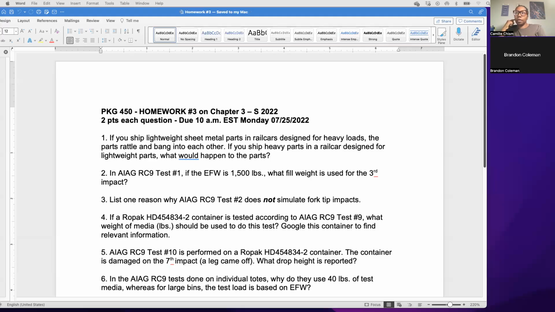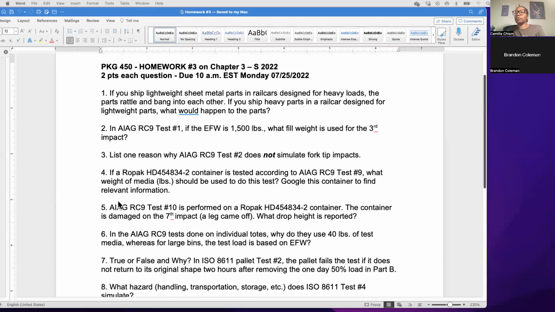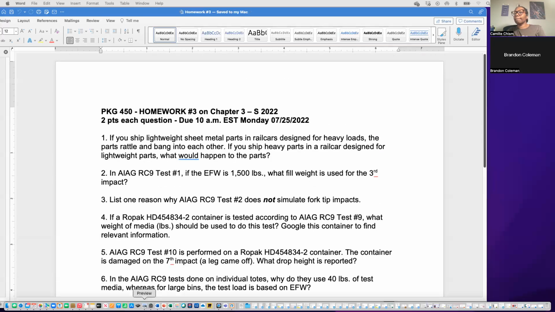For number 2, and this one also for number 1, I would say reference around page 3.